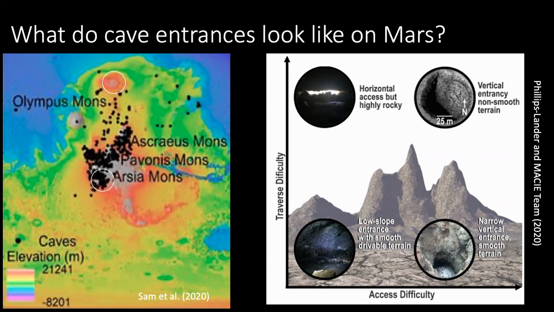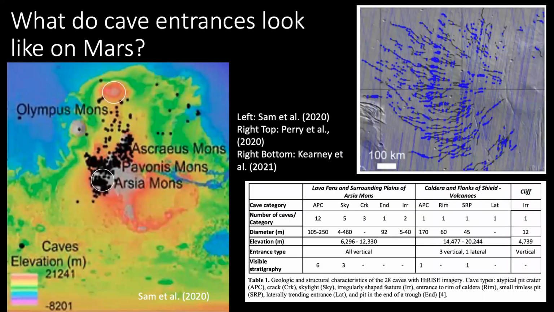And based on what we think we know about Mars, we know for sure the vertical entrances exist, and that there have been a handful of horizontal entrances that have been observed. So again, we know some of these features are laterally contiguous, but those entrances might be vertical.